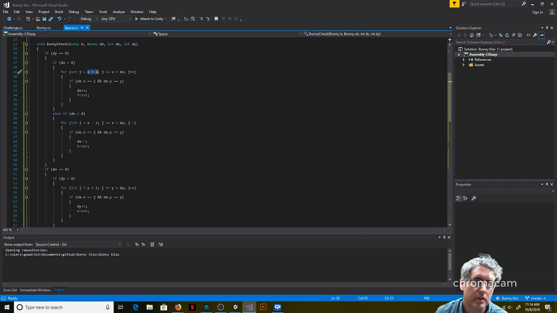If the other bunny is equal to that place and has the same y as you, then you get one more x.